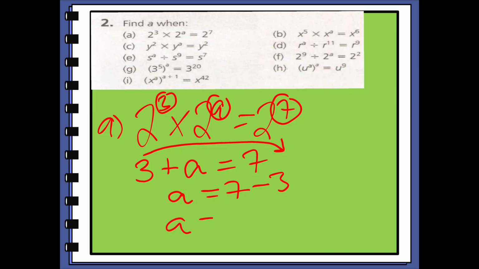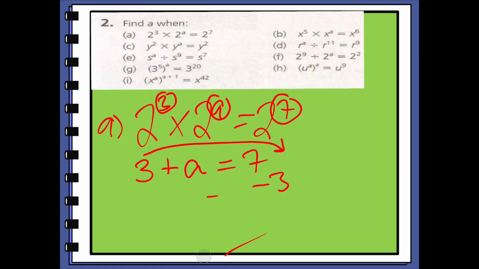In that case, a equals, what is 7 minus 3? 4. Right, so on a, that's how you calculate the value of a. The correct answer is supposed to be 4, meaning for b you can do the same thing, and c.